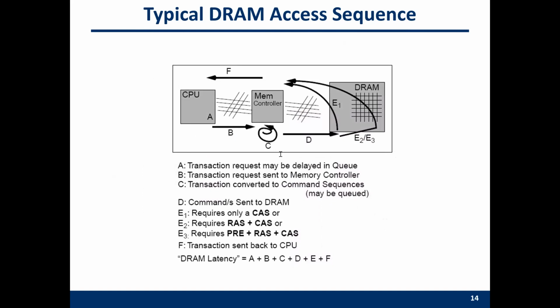So you can see there are a lot of steps: the CPU generates the request, the memory controller calculates the commands, activation, column access, and the data transfer.